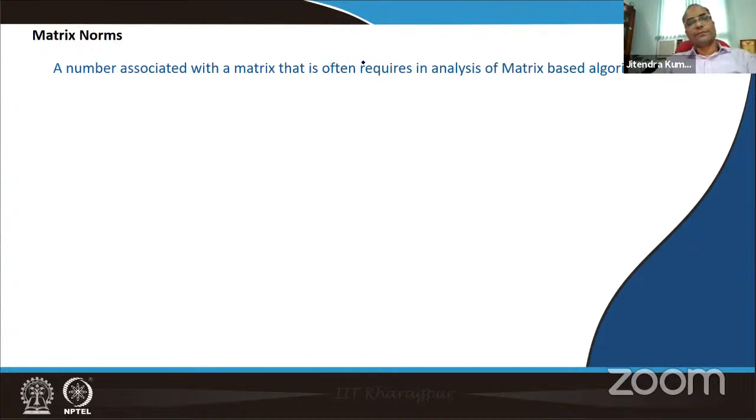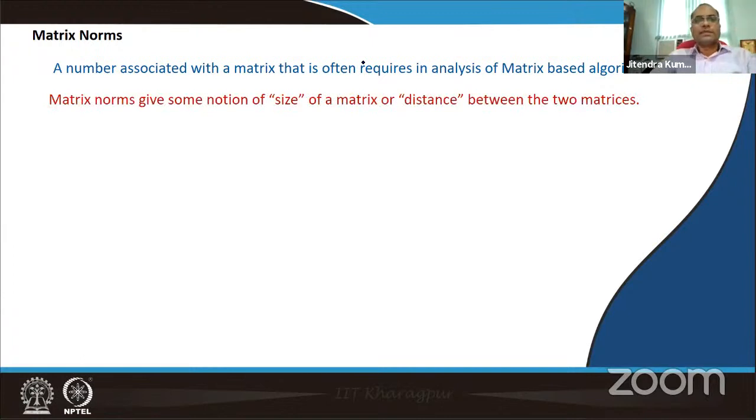A number associated with the matrix that is often required in the analysis of matrix-based algorithms: so we have to define these matrix norms. What are these matrix norms? They give you some notion of the size, or the distance between two matrices.